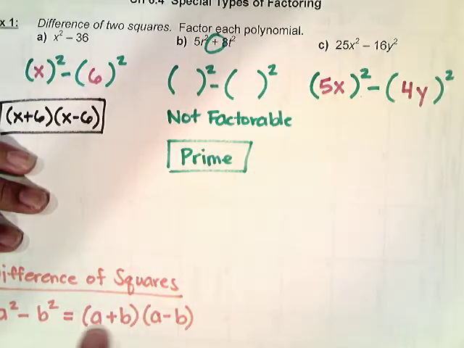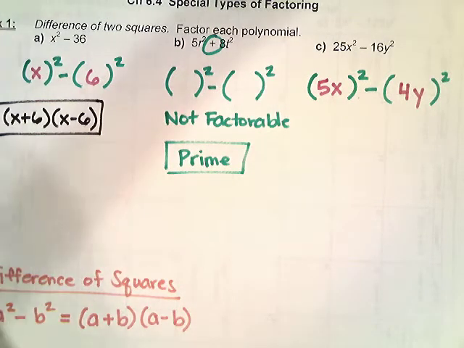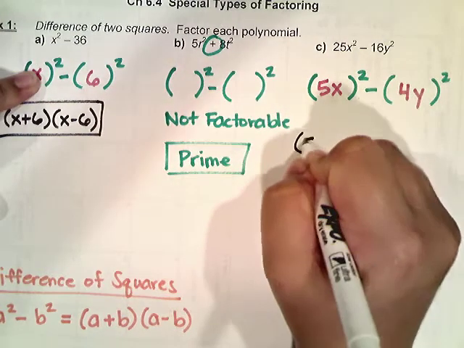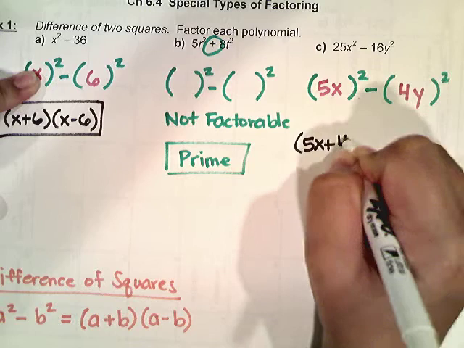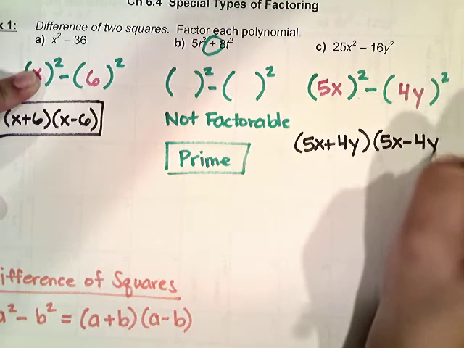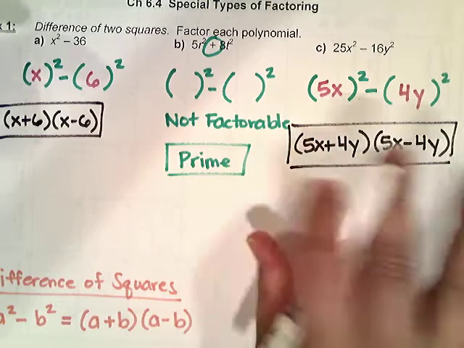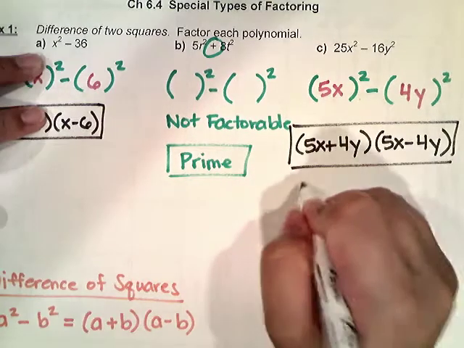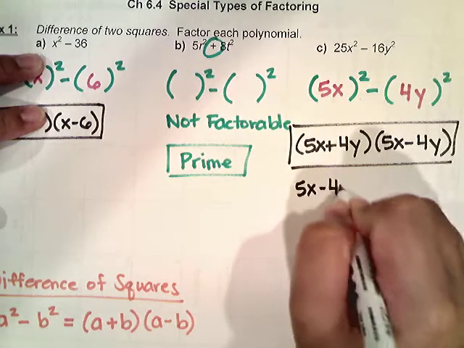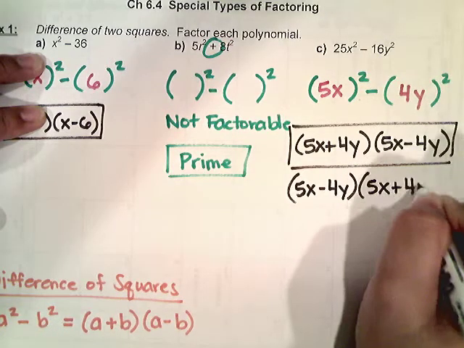If we look back down here at our pattern, A plus B times A minus B, that's going to be 5x plus 4y times 5x minus 4y. You could also write it in reverse. You could write 5x minus 4y times 5x plus 4y.